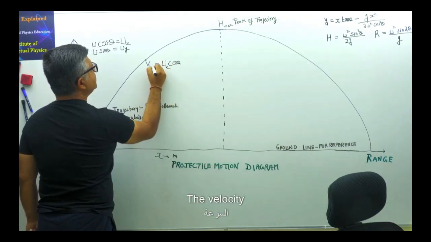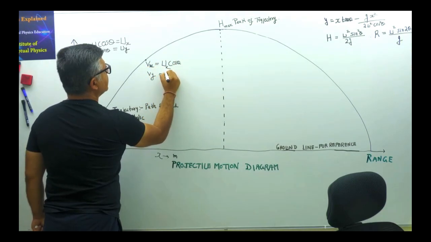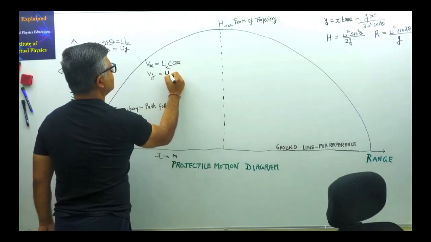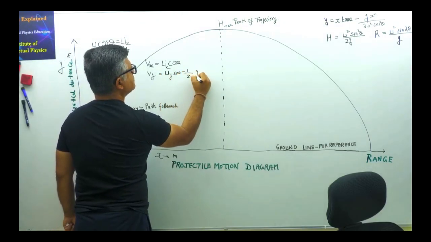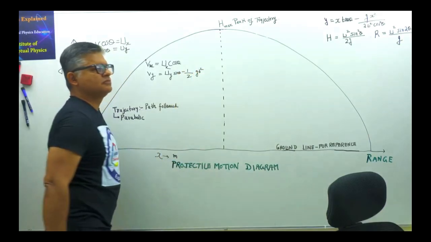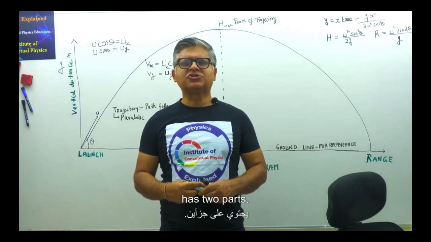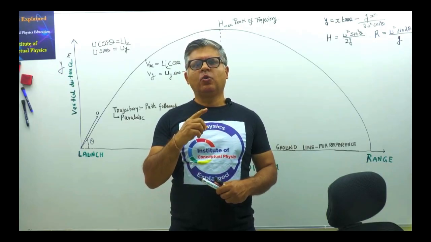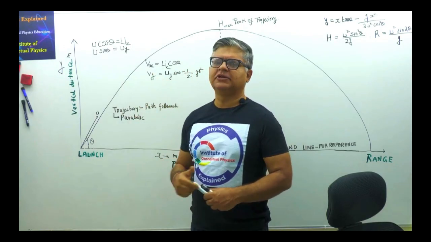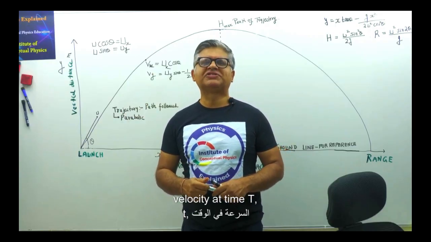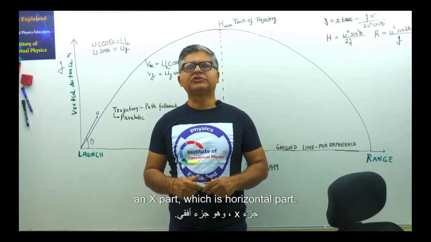The velocity in the y-axis is different. So the motion has two parts. One part is under the influence of gravity, which is the y part, as you can see from the velocity at time t, and the x part, which is the horizontal part.